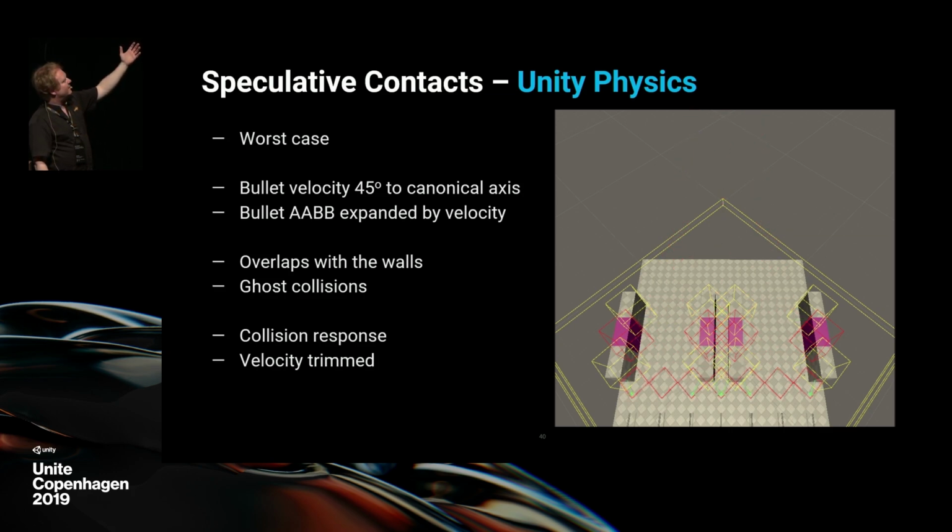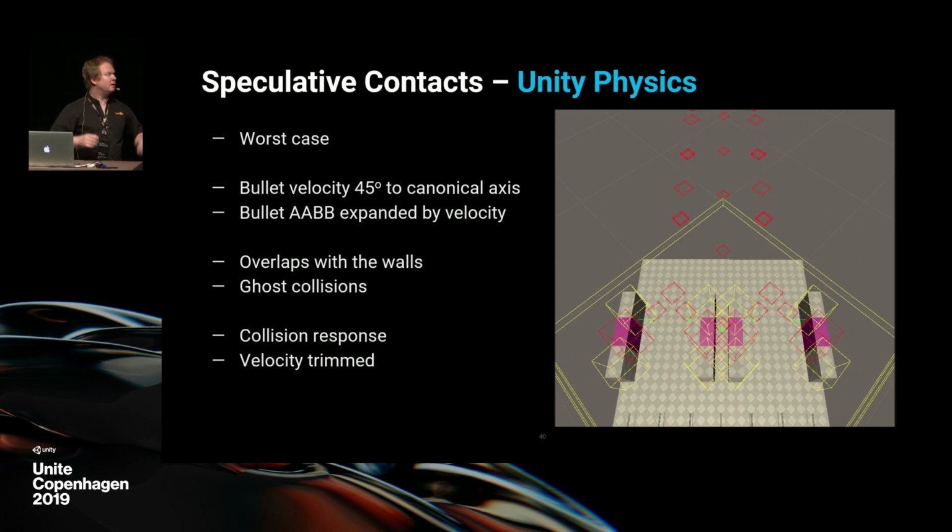We can see from the fact that the AABBs get smaller when the bodies come out the other side of the corridors, that the velocity has been trimmed because of the contacts that are picked up. And it might be difficult to see, but you can see that the balls that are firing along the edges of the larger tunnels are actually being deflected in towards the center because they're picking up those speculative hits.